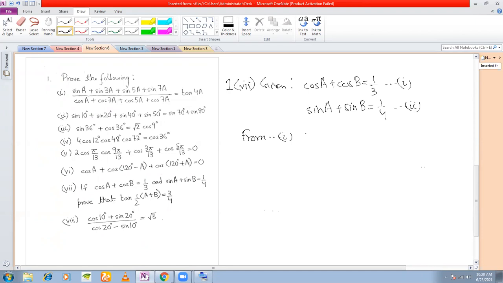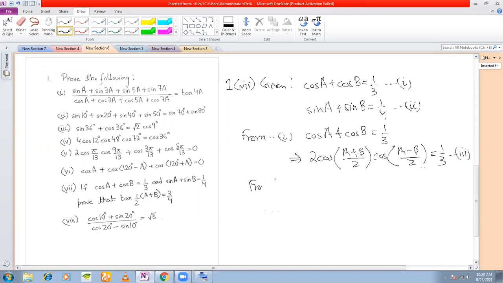you have cos A plus cos B is equal to 1/3. You change this sum to a product. You get 2 cos (A plus B)/2 cos (A minus B)/2 is equal to 1/3. Let us call this 3.